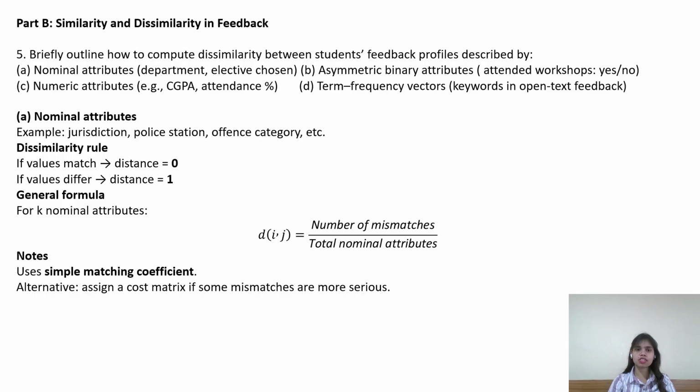If values differ, distance equals 1. General formula: for k nominal attributes, d(i,j) equals number of mismatches divided by total nominal attributes. Notes: using simple matching coefficient; alternatively assign a cost matrix if some mismatches are more serious.